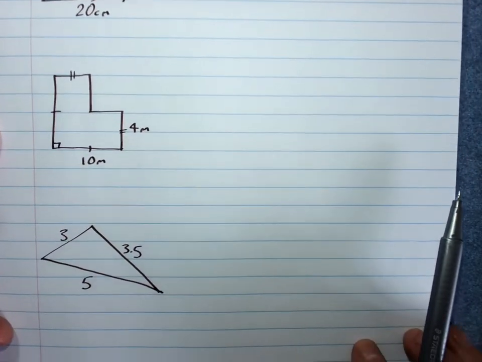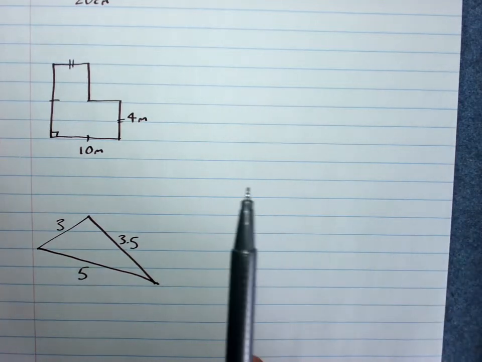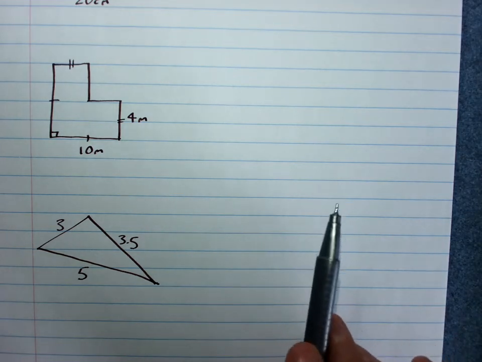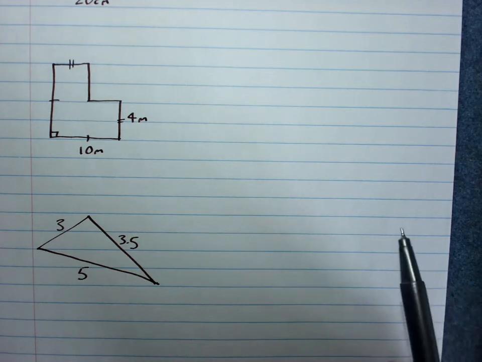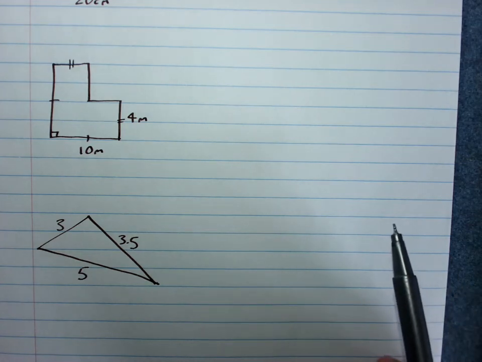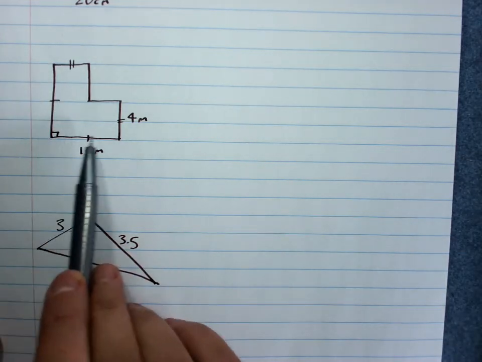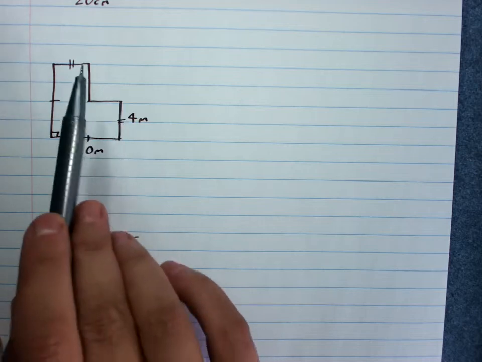Sometimes we're going to have composite shapes, so you will have to find the areas of the simple shapes that make it up and add or subtract, and you might have to find unknown lengths. Pythagoras is a good option for finding unknown lengths with a triangle, but for this one, you'll see I've got 10 meters and 10 meters, and they've only given me these two lengths.